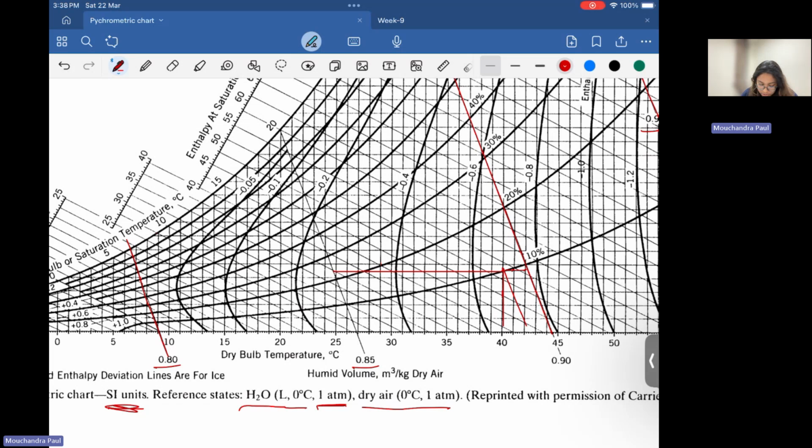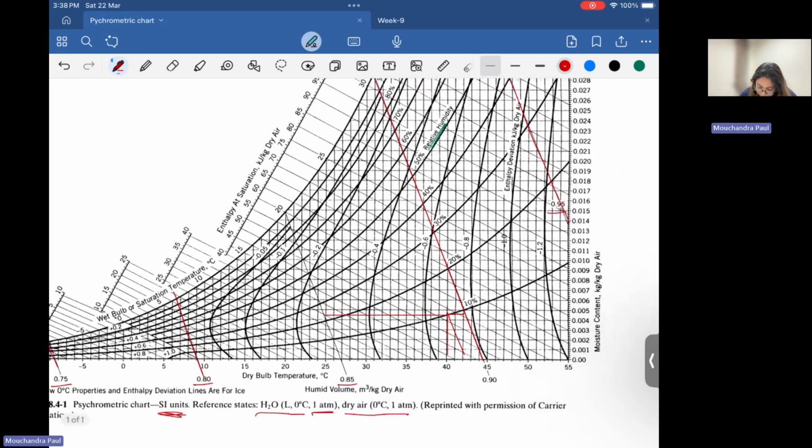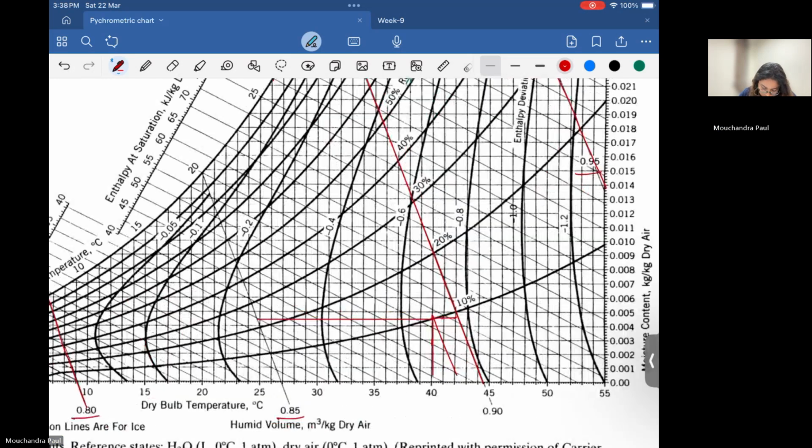So if someone asks you to calculate the wet bulb temperature at 40 degrees Celsius and 10% relative humidity, then what you have to do is draw a diagonal line.